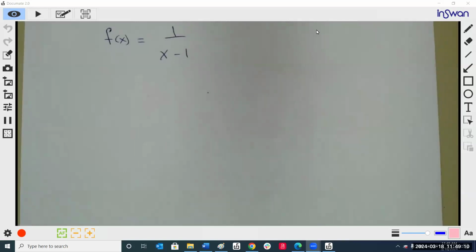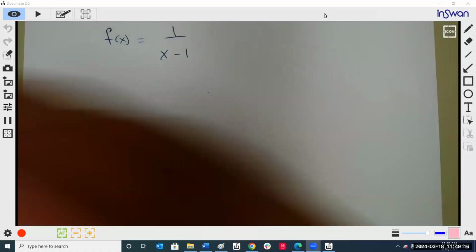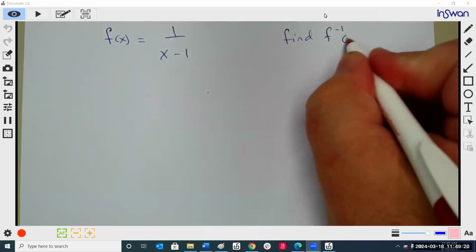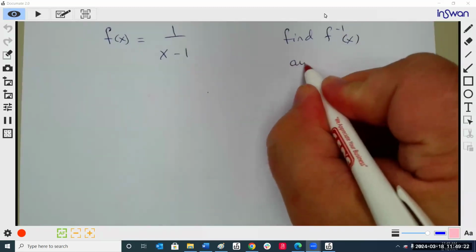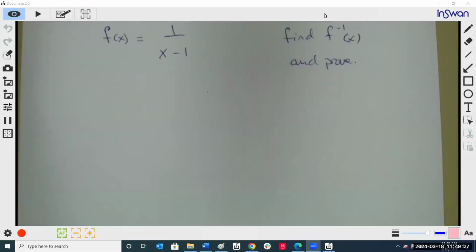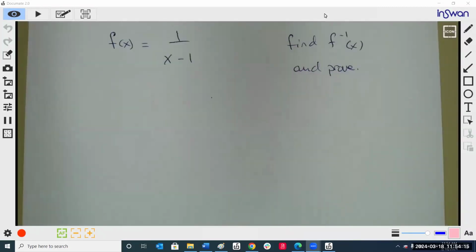Find me the inverse of that one and prove to me that it's a right inverse. So what's the first thing I do?